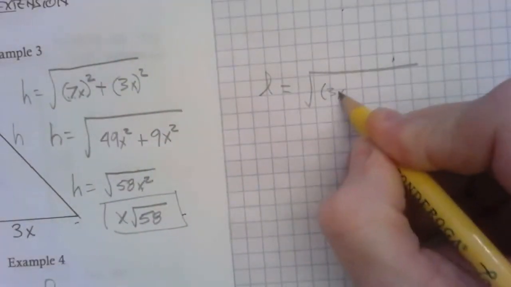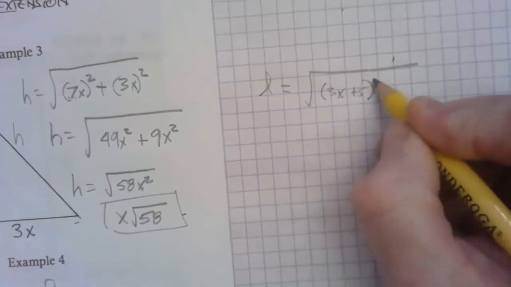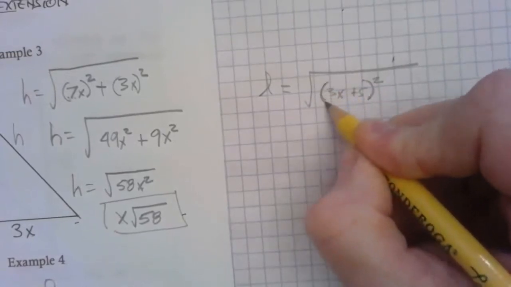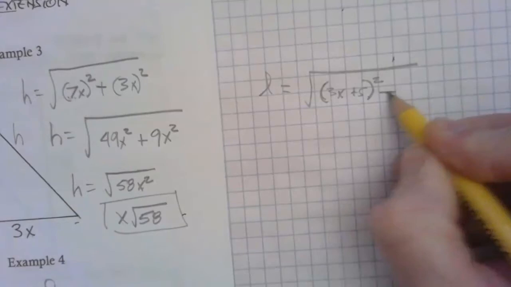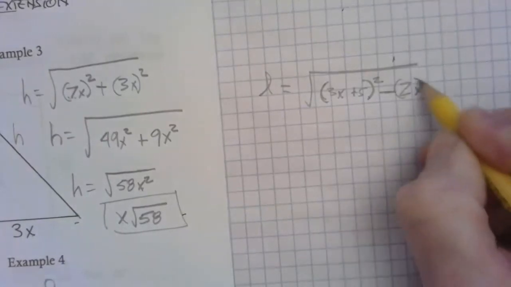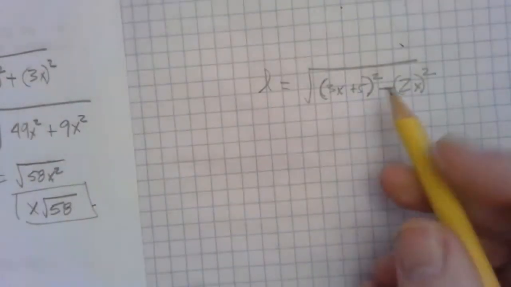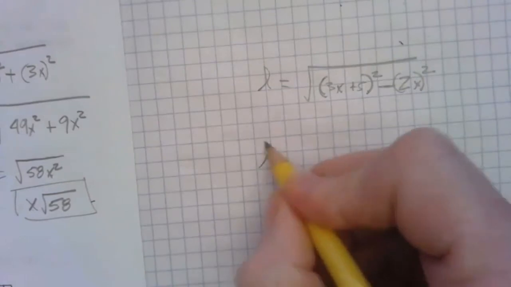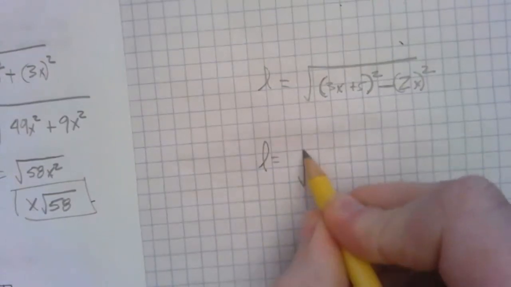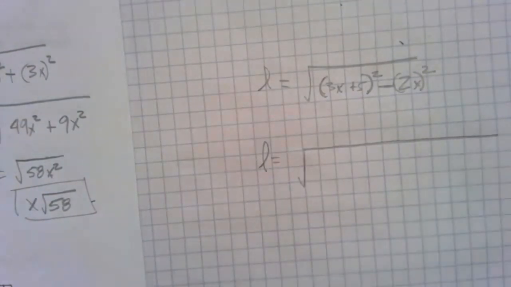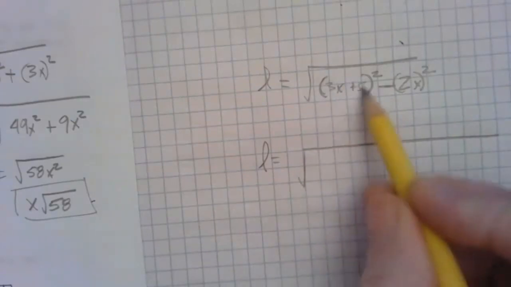So 3x plus 5 squared minus 2x, remember the whole thing squared, because that was the other leg. Now we've got to simplify this mess a little bit, clean it up at least a little bit. So L equals, now we're going to do FOIL on this.